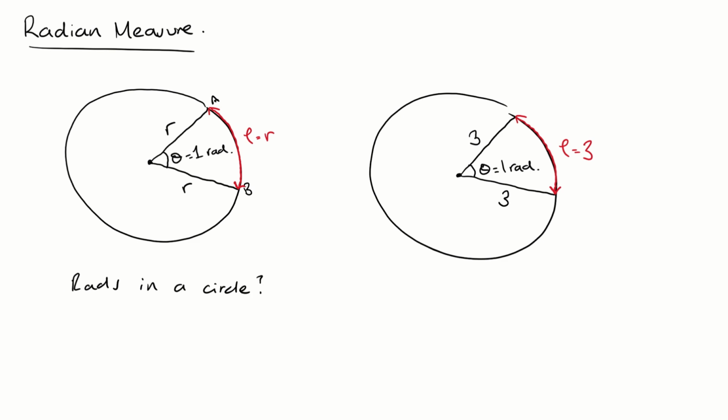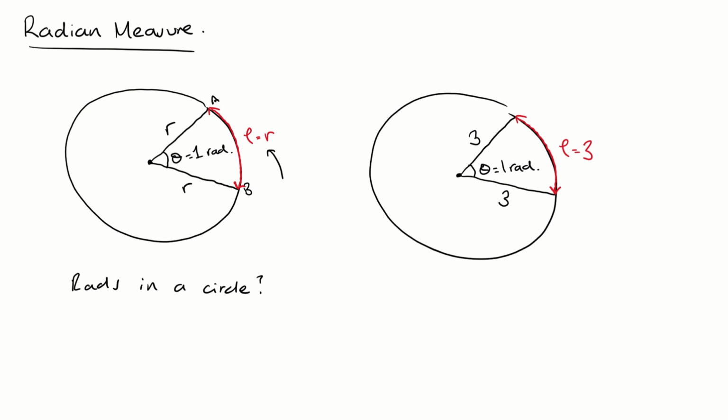Another way to tackle this is to think, how many of these arc lengths can we get into this circle? If an arc length has to be the same length as the radius, then how many of those can we get around the circle? Because that arc length corresponds to 1 radian.